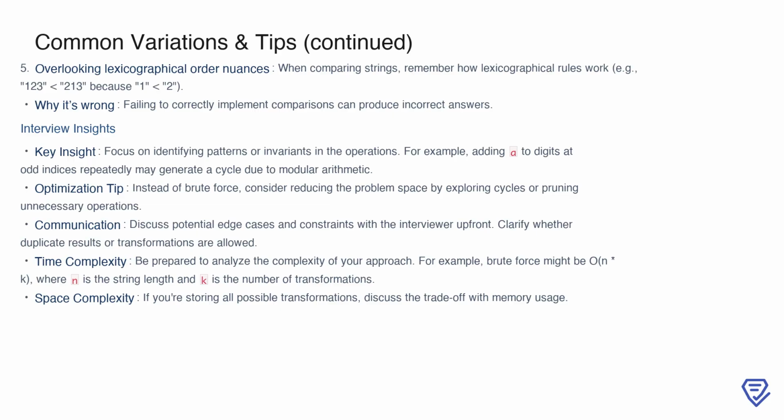Be sure to communicate clearly with your interviewer, discuss edge cases, clarify constraints such as whether duplicate results are allowed, and analyze trade-offs in your approach. Additionally, be prepared to evaluate the time and space complexity of your solution. For instance, a brute force approach might have a time complexity of n*k, where n is the string length and k is the number of transformations, while storing all transformations could require significant memory.